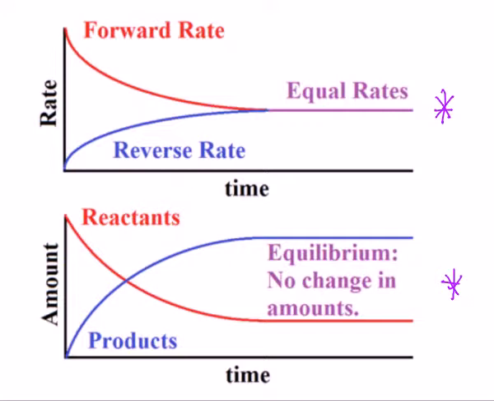All right? So we think that equilibrium means that they have to be equal, the same amount. That's not the case. Constancy is what we're looking for. Okay? That's when we know equilibrium has happened. So if it's rate, you're going to see that top graph. But if we talk about in terms of concentration, add that to your notes down here.